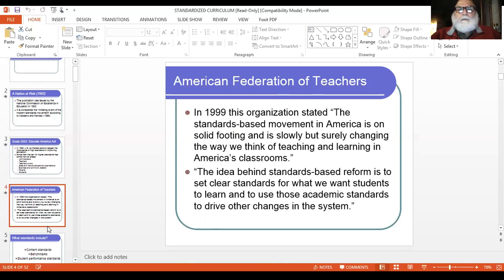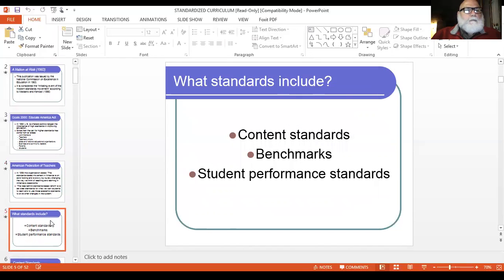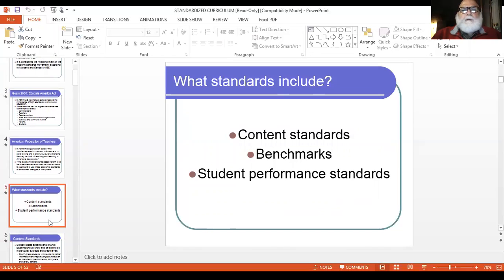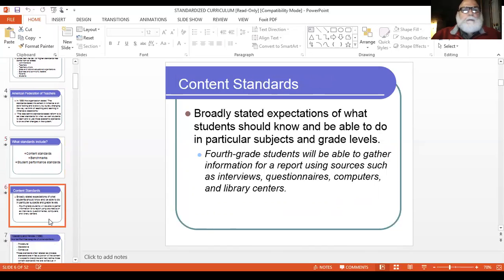And people said the standards-based movement in America is on solid footing, slowly but surely changing the way we think of teaching and learning, and sets clear standards for what we want students to learn. Standards included content standards and benchmark student performance standards. Content standards are broadly stated expectations of what students should know and be able to do in particular subjects and grade levels.